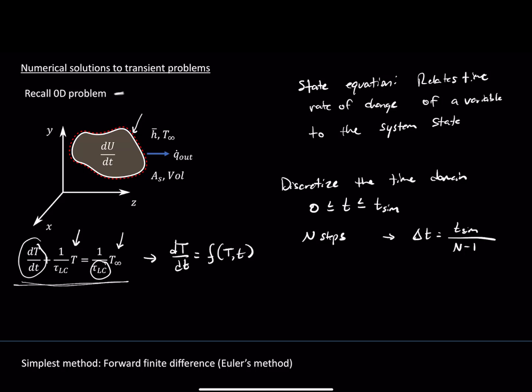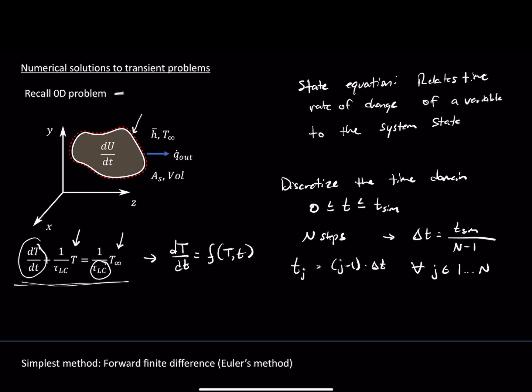Then in mathematical notation, the time at index j, where j is the index (we use j because we've used i for spatial indexing), is j minus 1 times delta t, for all j in the set from 1 to n.